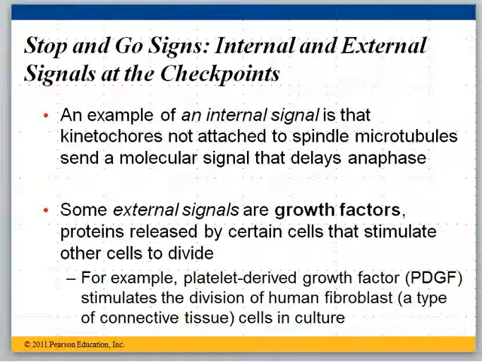One good example of this has to do with if you get injured or cut or you fall down and scrape your knee. There's a particular growth factor called platelet-derived growth factor that will stimulate the division of a particular type of cell called a fibroblast. Fibroblast is a type of connective tissue that holds skin and cells all connected together.